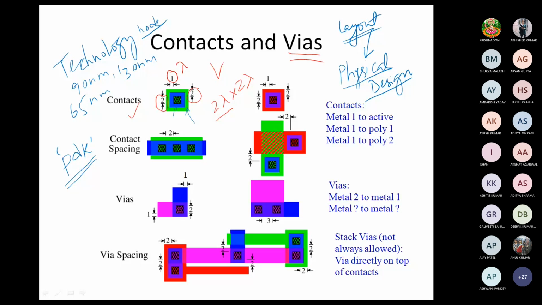PDKs consist of details of the particular technology, at a particular technology node, from a particular fabrication lab. Like for SCL, we have a PDK for the 180 nanometer technology node, or 150 nanometer, and so on. Separate PDKs will be there. We can use these PDKs directly and map our digital design onto that, and that will take care of this.